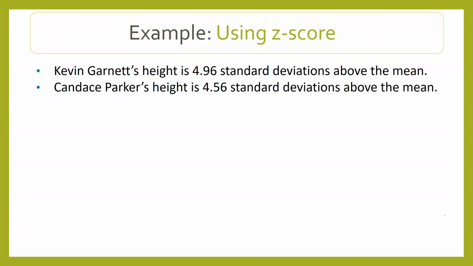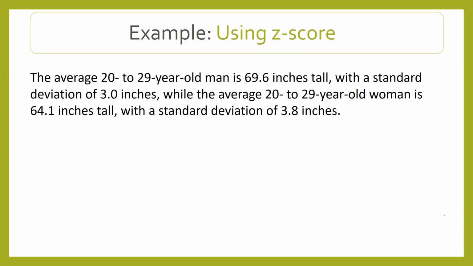Because the farther you are from the mean, above or below, the taller, the conclusion here is that Kevin Garnett is relatively taller. I am anticipating the questions you will be asking in your mind. All right, so let's move to the next example. I'm going to pose that question later on.